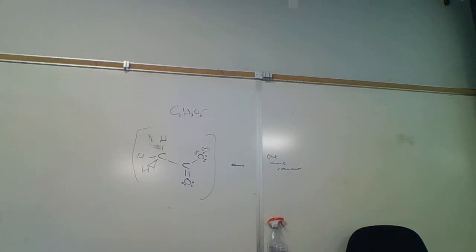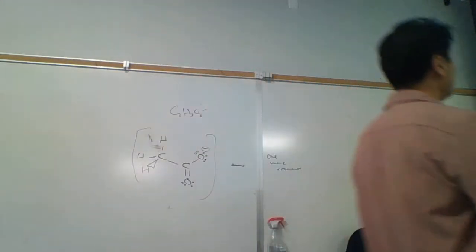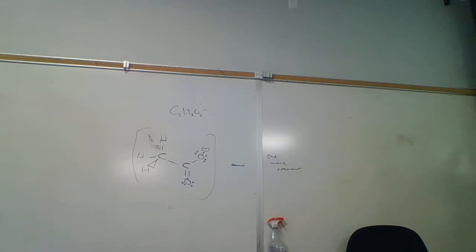So let's take a look at the sodium acetate crystal lattice. You see how the acetates have to kind of line up? This is mercury. This is mercury 2 acetate, but it kind of shows the same thing. Do you see how the acetates have to line up? These are the acetates here.